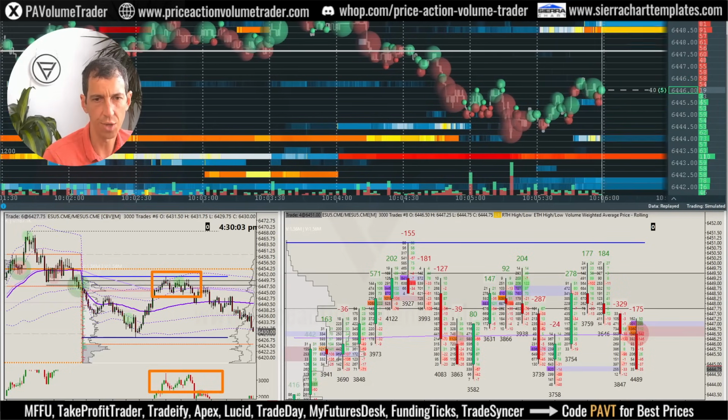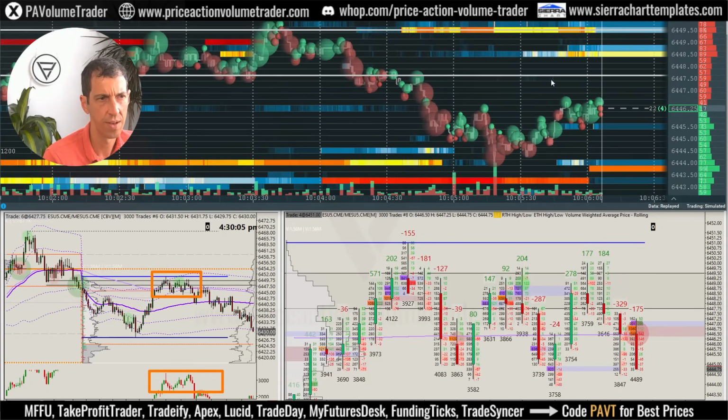You can see we did get a little bit of aggressive sell absorption at this bottom. You can see we got a bullish divergence candle with some big aggressive selling down at the bottom here. And then we had the little reversal, and we're now coming back once again at that area, okay?